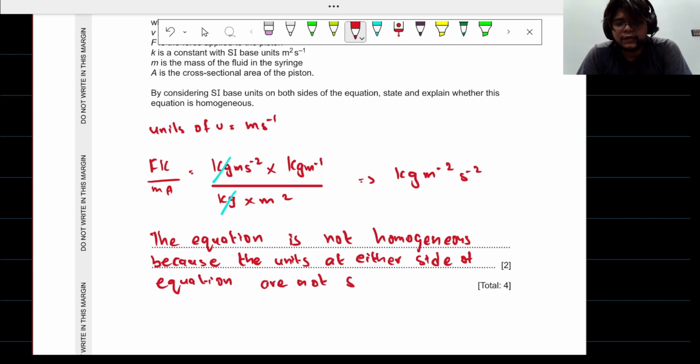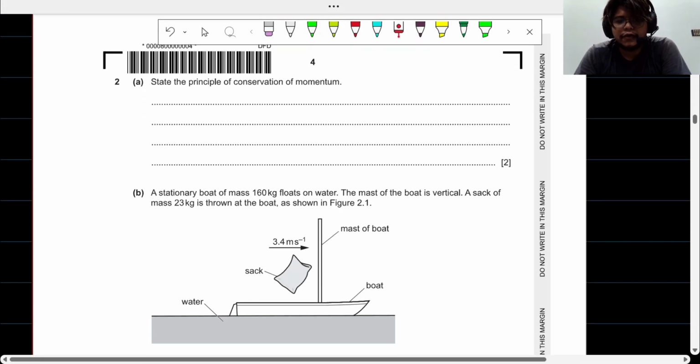So this would be the answer to this part. This ends our question one. Let's move on to question number two.